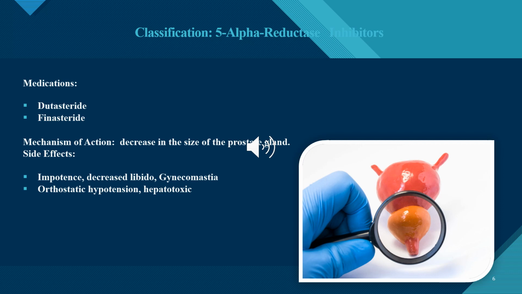A key point I want to tell you is that the combination of this classification and the other classification I mentioned in the previous slide is a good treatment for the patient with BPH. They use them in combination, and they have great results.